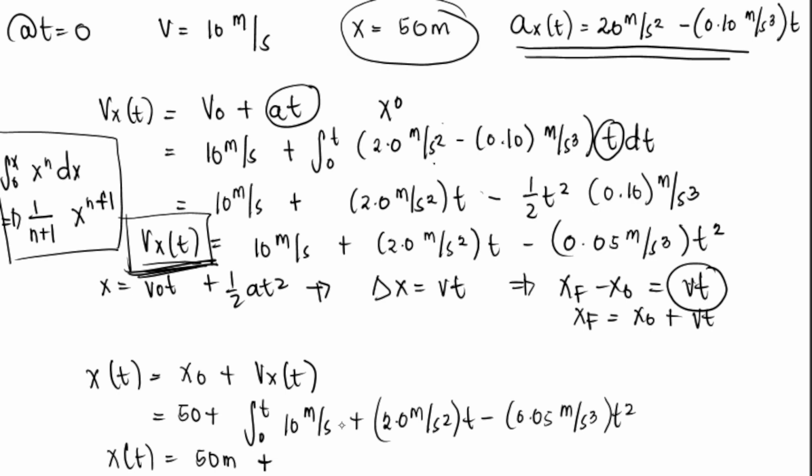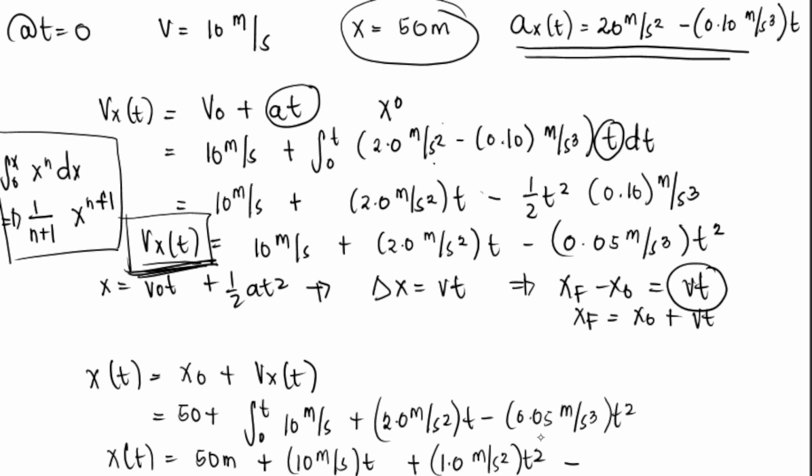Okay? So, x of t is equals to 50 meters plus, so 10 lang siya. So, meaning 10 meters per second multiply by time. Plus ito, meron na tayong isa. So, plus 1 times 1/2. So, 1.0 meters per second squared, t squared. And then, meron tayong t squared. So, 1/3 po ito.